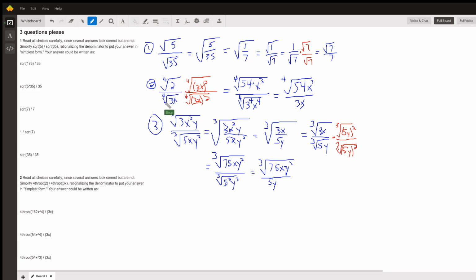Fourth root of 2 over the fourth root of 3x, we have to multiply by some expression, top and bottom, that will remove the fourth root in the denominator.